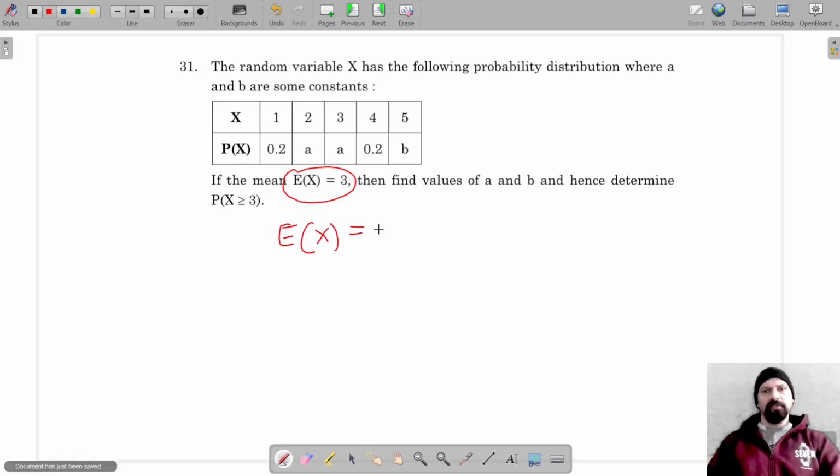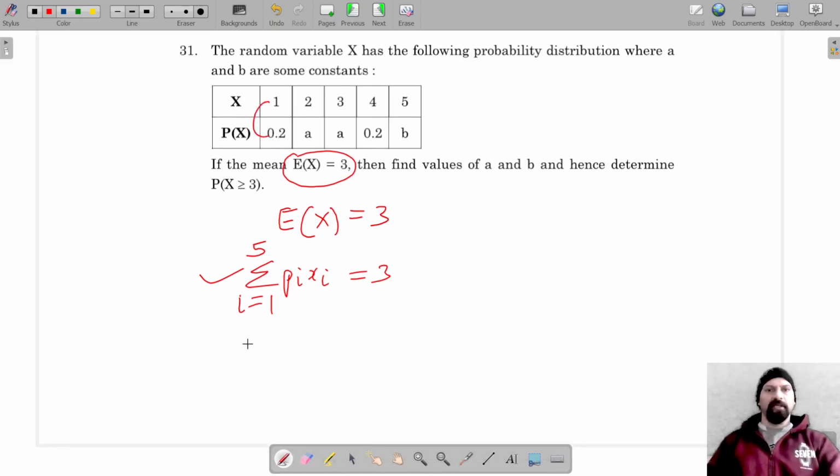Now the mean is 3, and how do we find the mean? The mean is actually the summation of p i into x i, where i goes from 1 to 5, and this is equal to 3. So this is the sum of the products of the random variable and its respective probability.